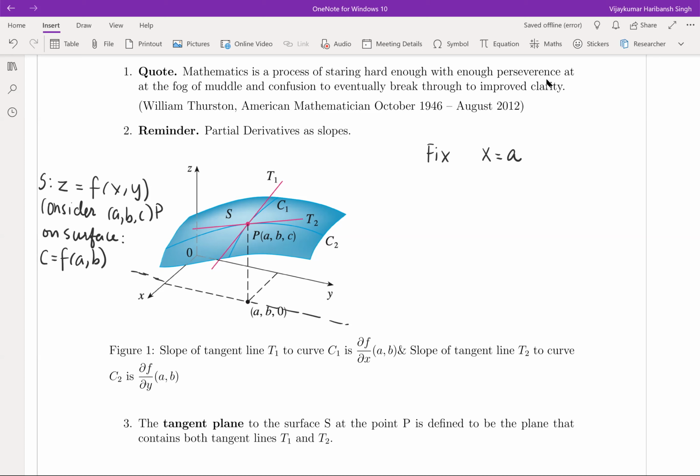And x equals a is a plane. So when you extend this plane, it will cut your surface in a curve. Let's call that curve C2.